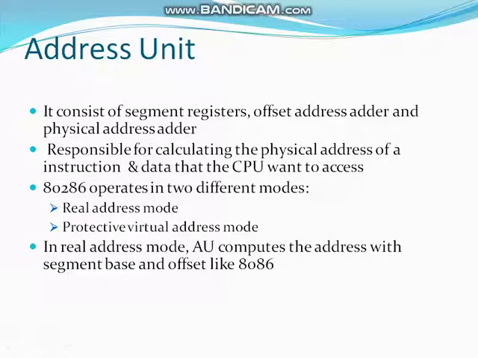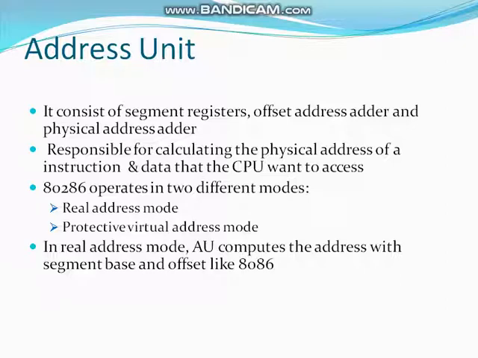80286 operates in two different modes, which we already discussed in the features: real addressing mode and protected addressing mode. In real addressing mode, the address unit computes the address with the segment base register and offset register, like your 8086.